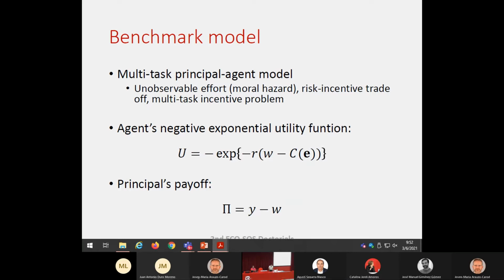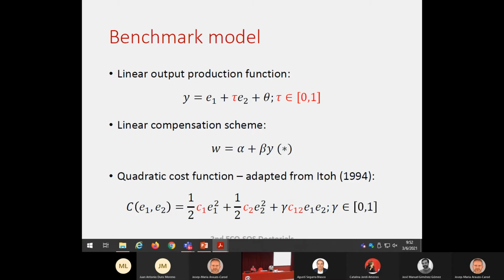Then the functions are pretty standard, a negative exponential utility function that depends for the agent on wage and the disutility caused by effort, that is this C. And also the parameter R is the measure of risk aversion of the agent. The principal's payoff is simply the profits minus the wages it pays to the agent.